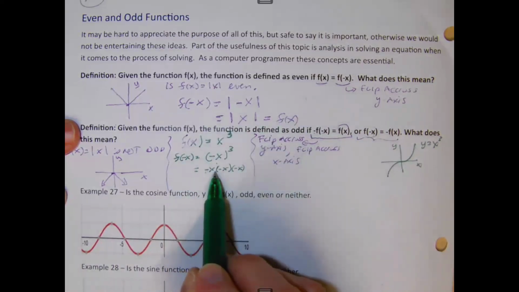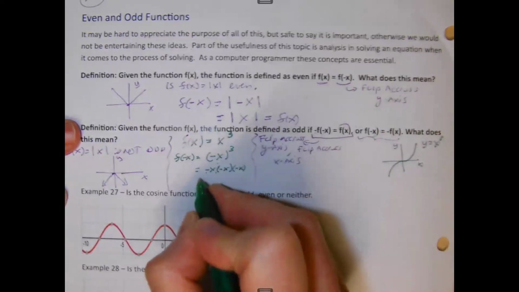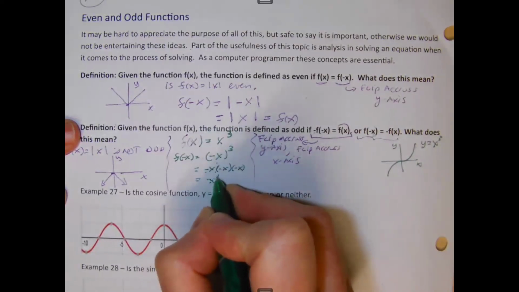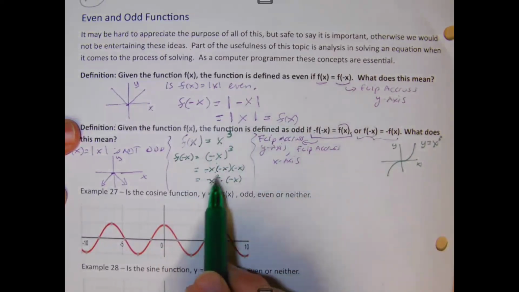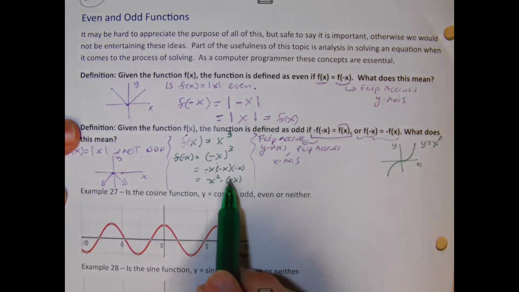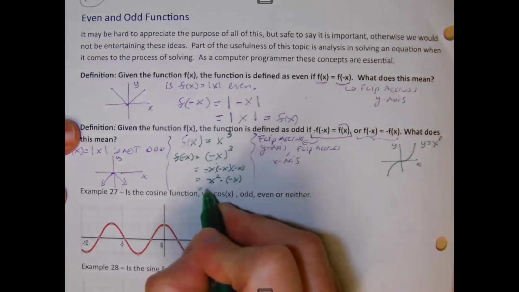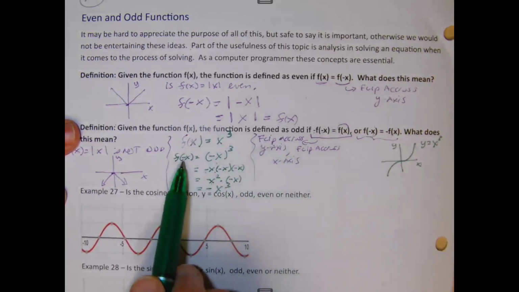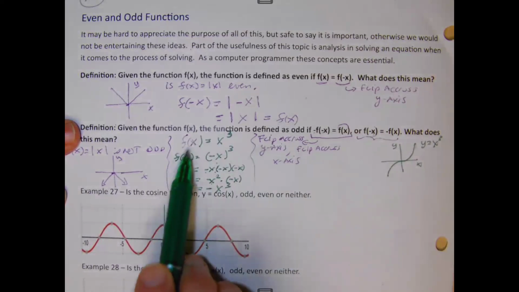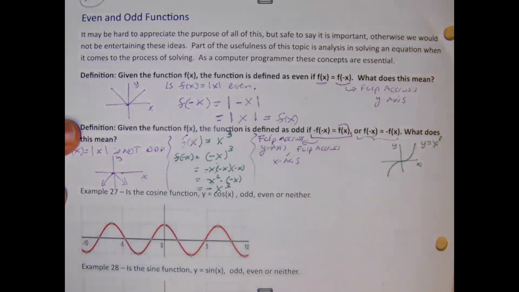So the opposite of the opposite is positive. And now x squared times x is x cubed, and then this just says, well, I take the opposite of it. So that's the result of changing f of x to f of negative x.